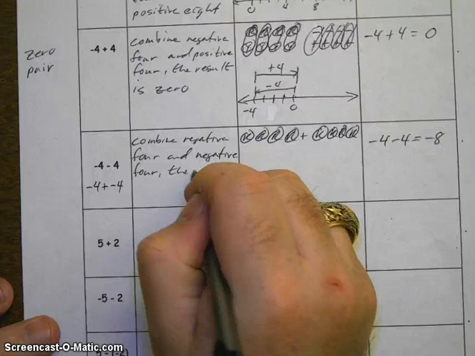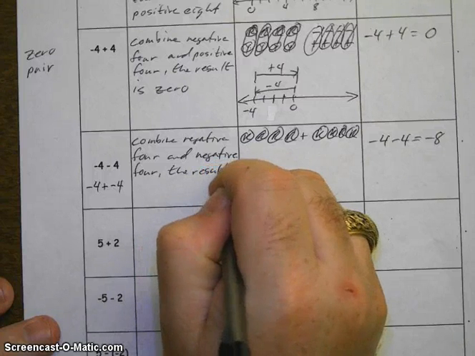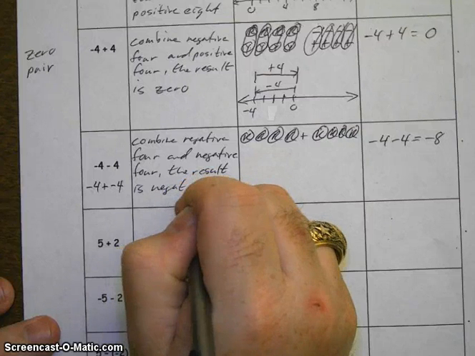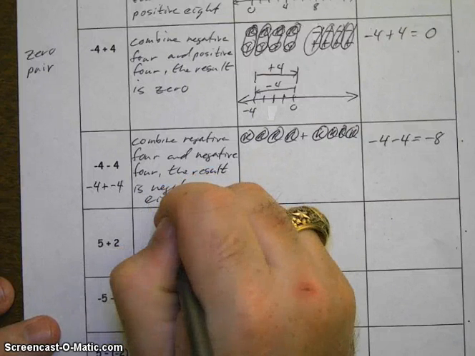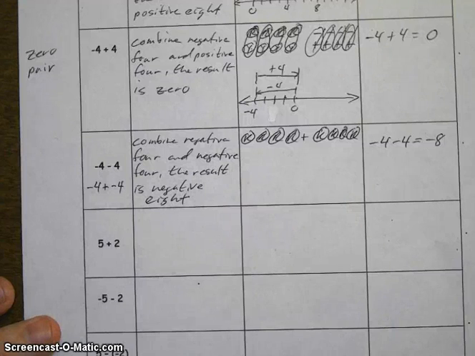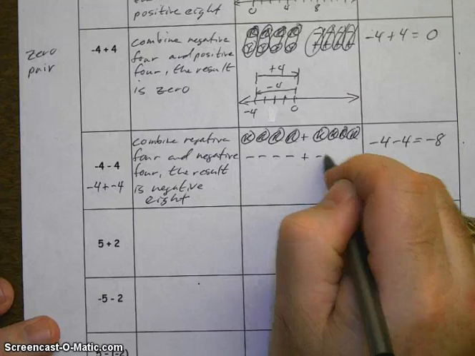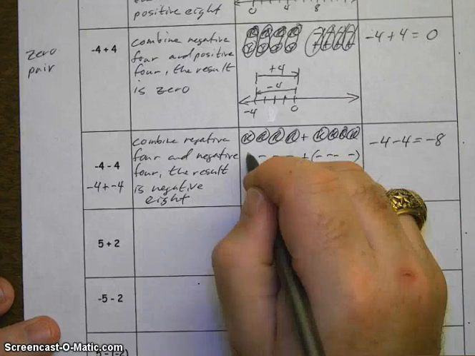So the result is -8. You can also look at this as being the 4 negatives combined with 4 negatives.